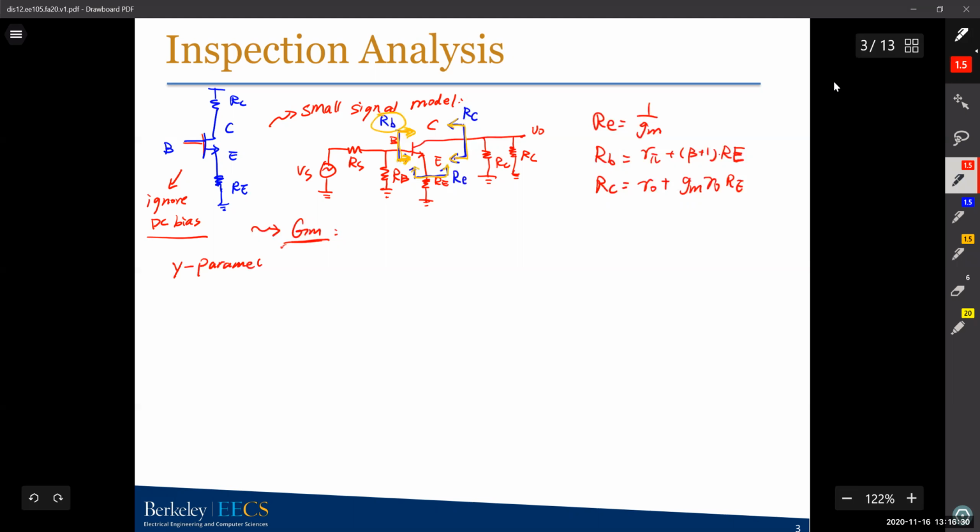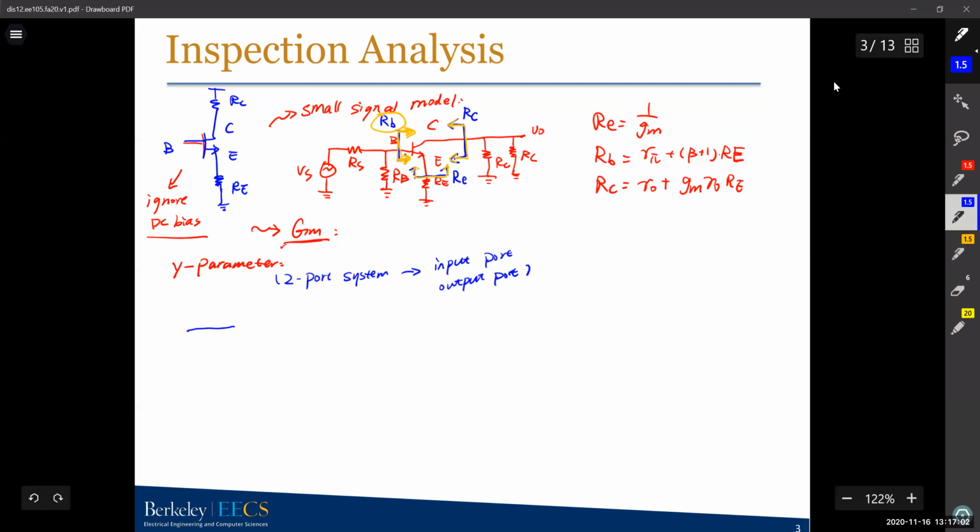So I'm going to introduce a model called the Y parameter model. You have learned the hybrid pi for BJT and something like that, but the Y parameter model is a different one. This is defined for a 2-port system. That means you have an input port and an output port. I'll just draw it here.